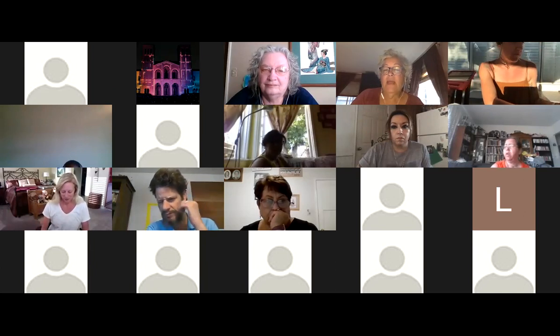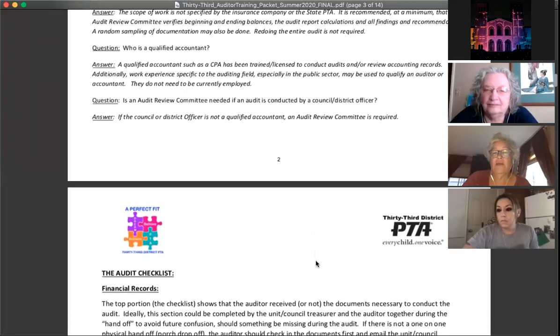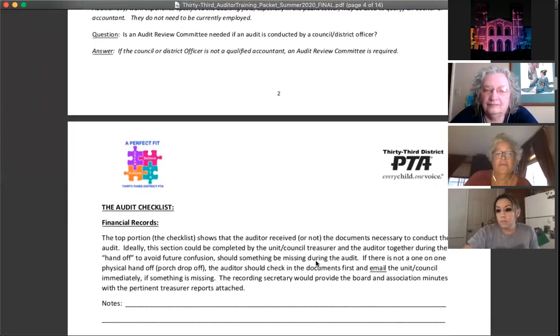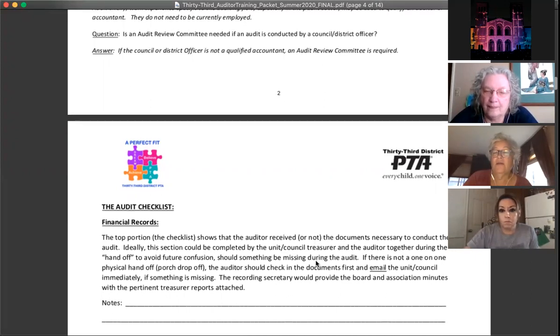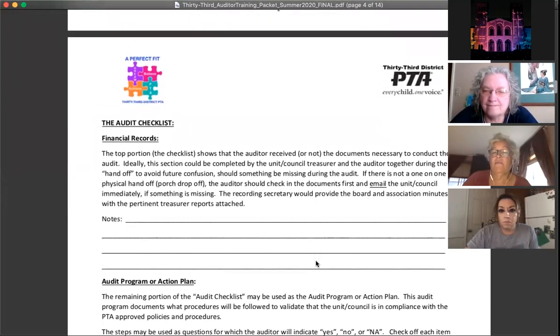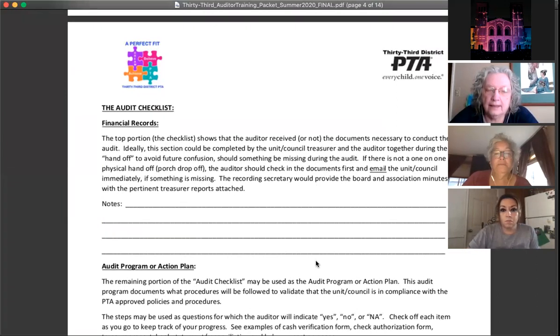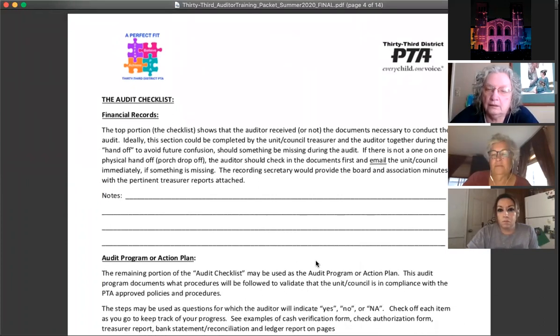We have a few, but how should the audit review committee members be recruited? And should the auditor recruit the additional members? I think that it's like any other position. People may want to nominate names.